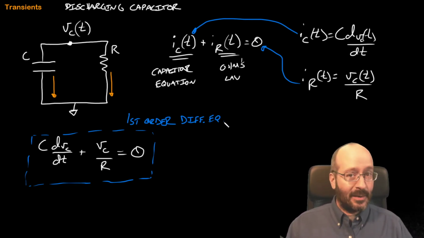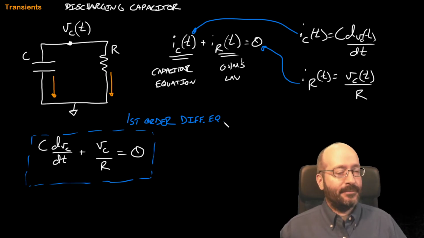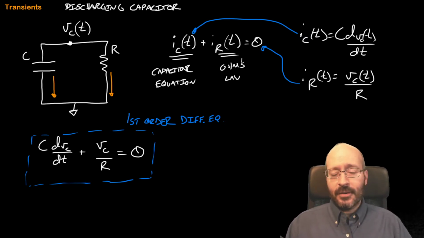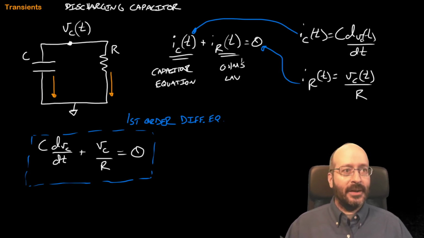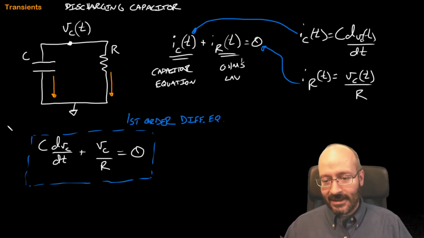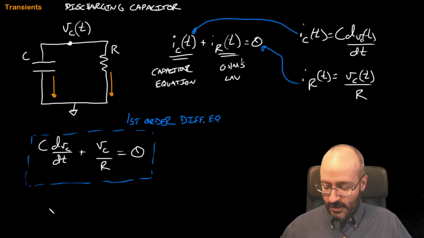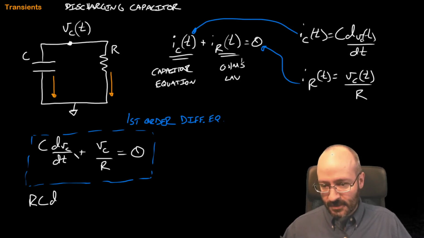So I'm going to try to separate and integrate to find the solution. In order to do that, I have to shuffle things around a little bit to make this work out cleanly. So I'm going to multiply both sides by R, and that's going to bring R up here as it distributes to both of these terms.